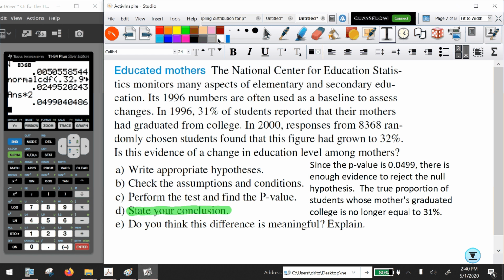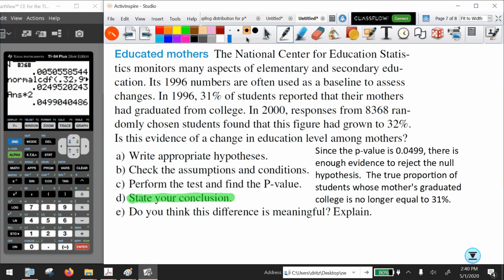All right, so there is the possibility that we made an error where we incorrectly rejected the null hypothesis. That type of error is called a type 1 error, and that's described in greater detail in the next chapter.